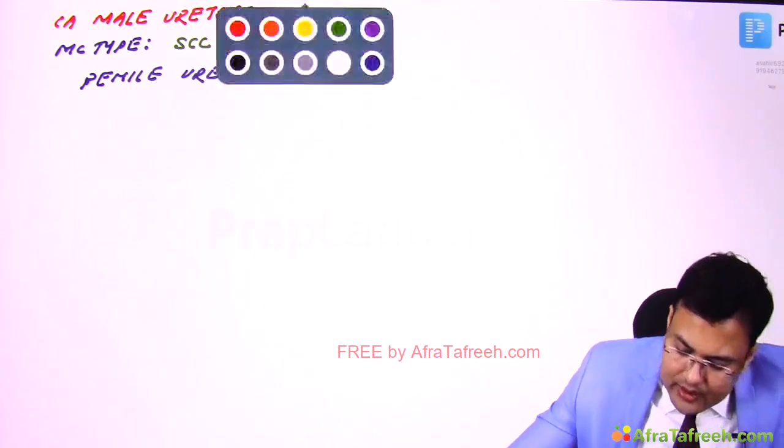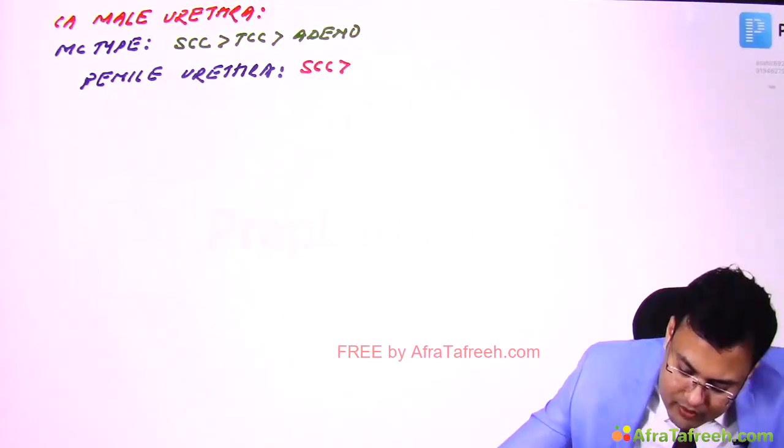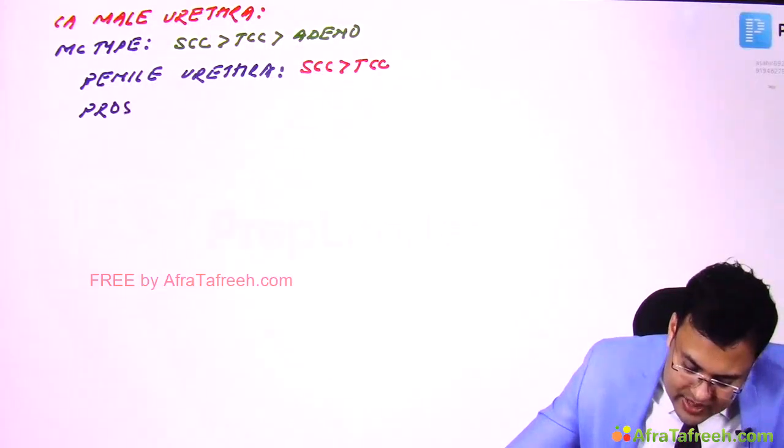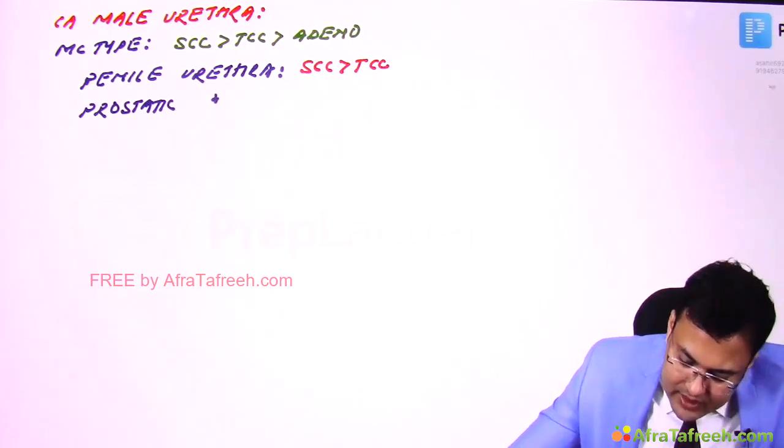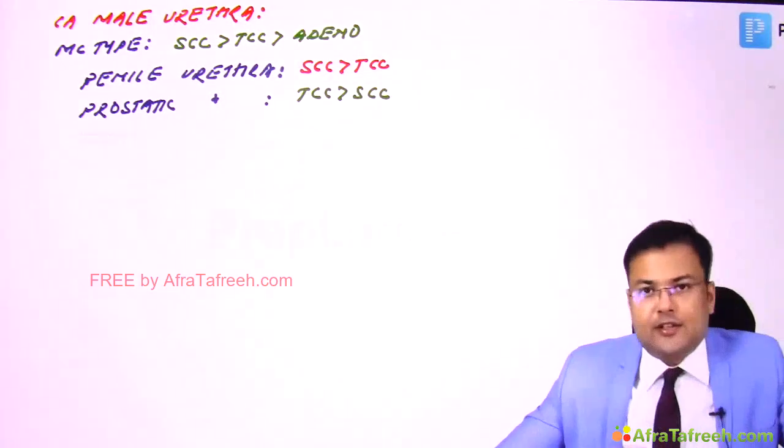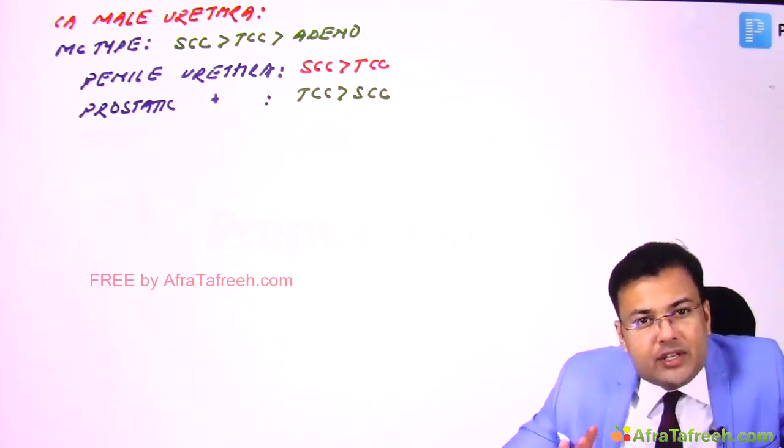Okay, so if a question is asked what is the most common carcinoma in penile urethra, in penile urethra also it's the same: squamous cell carcinoma followed by transitional cell carcinoma. But if it's prostatic urethra, then it becomes transitional cell carcinoma followed by squamous cell carcinoma, right? So you have to read the question carefully.